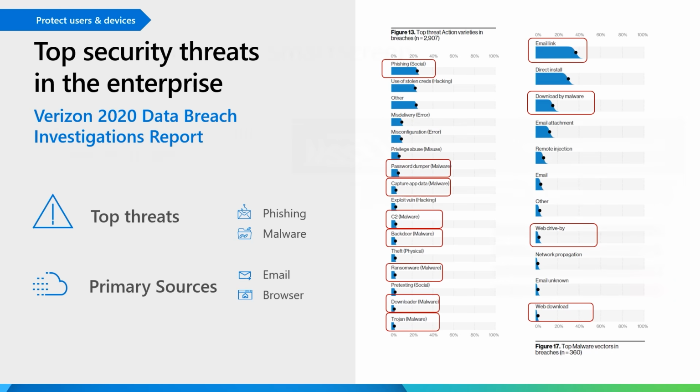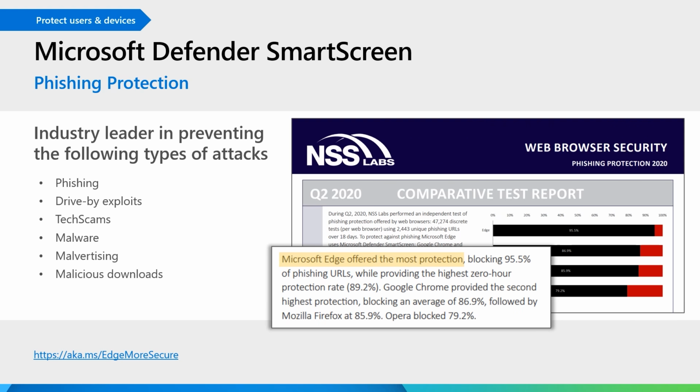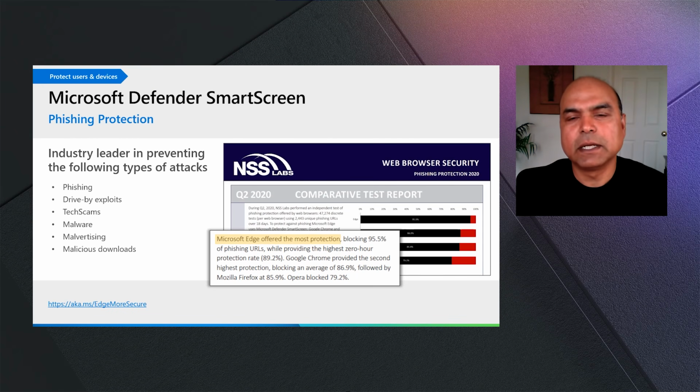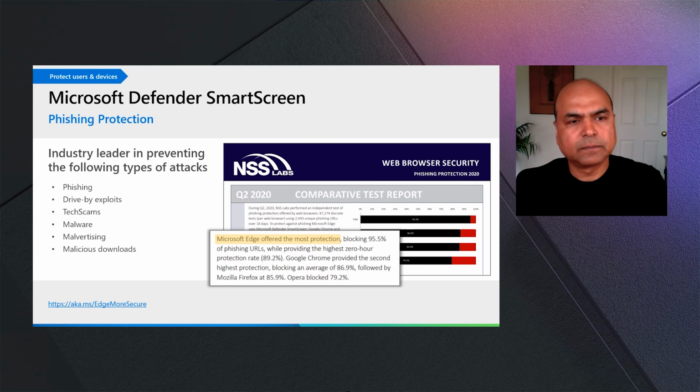The first thing here is Microsoft Defender SmartScreen. An independent test performed by NSS Labs found that Microsoft Edge offered the most protection, blocking over 95% of phishing URLs. So this alone can be a reason why the Edge browser can improve your overall security posture in the enterprise.